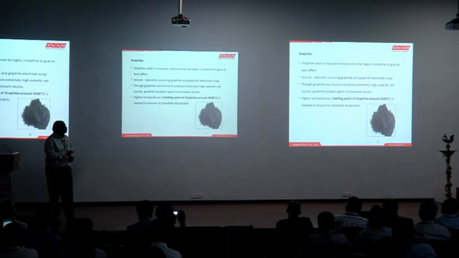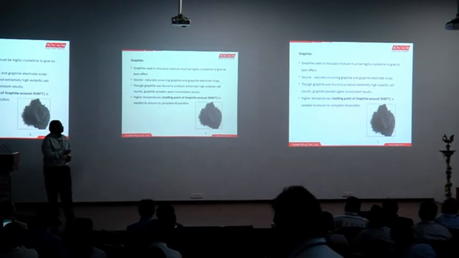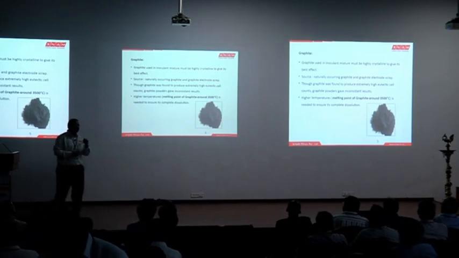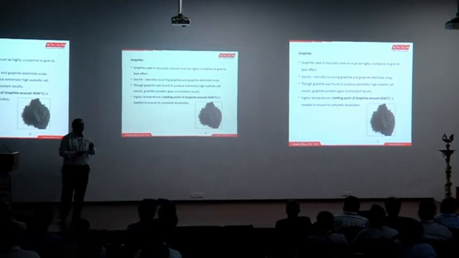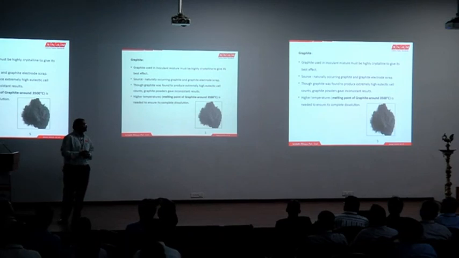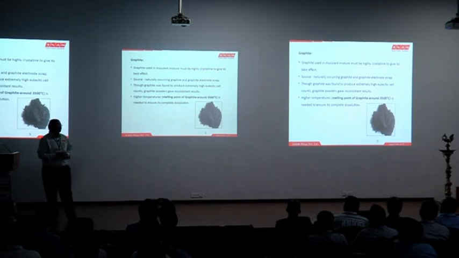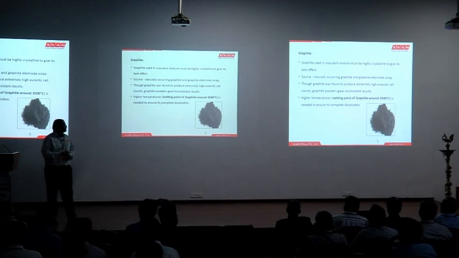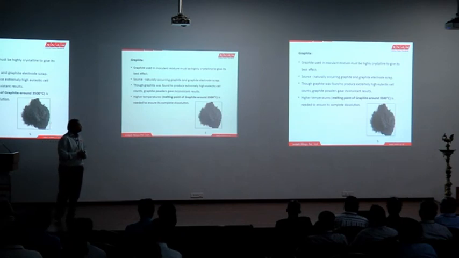Graphite used in an inoculant mixture should generally be highly crystalline in form to give its best effect, because crystalline graphite tends to give you better nuclei, which in turn gives graphite nucleation. But crystalline graphite availability and expensiveness come into the picture, and the source of crystalline graphite is generally naturally occurring graphite and graphite electrode scrap, which is generally non-uniform in its properties.